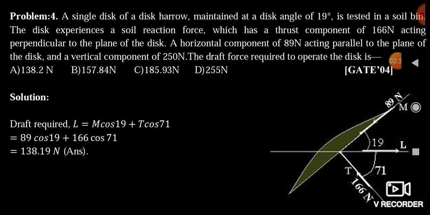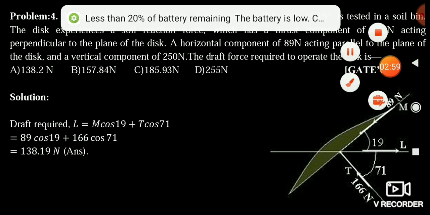You can write the T component like this also, T sin 19. Here you can see that I have written L is equal to M cos 19 plus T cos 71. But instead of T cos 71, you can write T sin 19 also. That is also correct. Same answer you will get, and remaining calculations are easy. So you can get the answer.